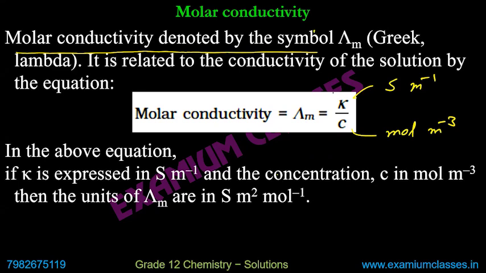So when you combine these two, you get units of molar conductivity as Siemens meter square per mole. That's Siemens meter inverse divided by mole meter to the power minus 3. These units are important. You need to remember Siemens meter square per mole.